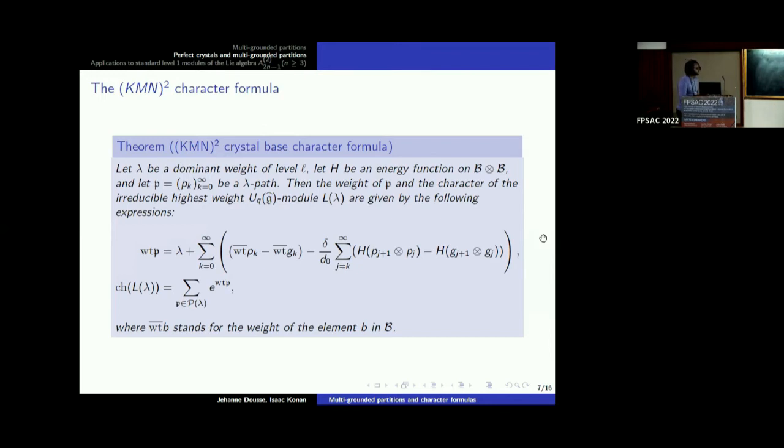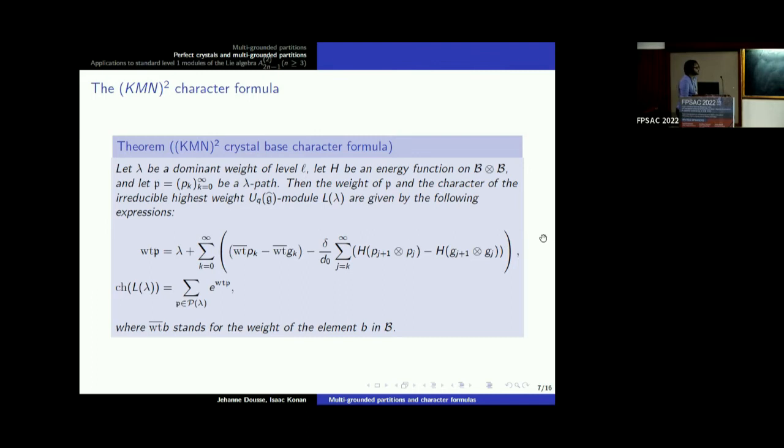So this is this sum which depends on the weight of an element of the crystal, and which also depends on the energy function. And the character is defined by this sum over the lambda path.